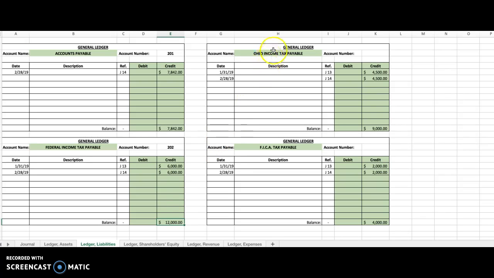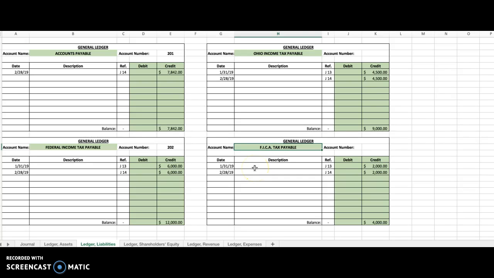So the same thing happens with, in this case, Ohio income tax payable. We withhold at the end of January of 2019. In this case, $4,500 is credited. It's a liability account. Same thing happened at the end of February, same credit, and the balance is shown at the bottom of this particular account as well. And finally, the third one, FICA tax payable.